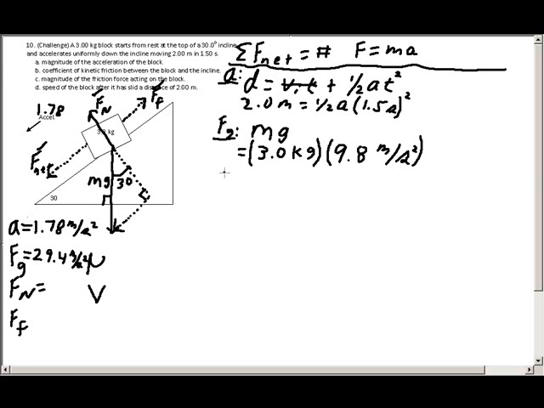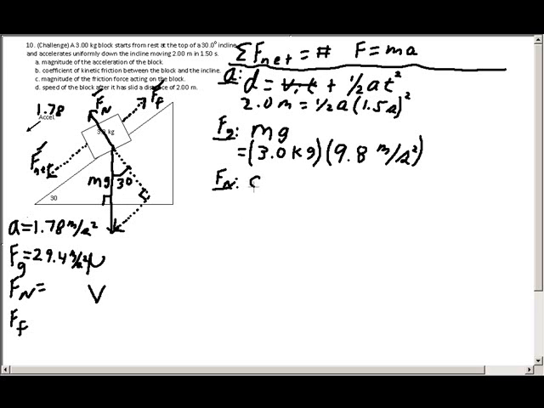So if I want to solve for the normal force, that normal force is going to be this right here. Well, to solve for that, what I'm going to do is take the cosine of 30 equal to adjacent over the hypotenuse. But the hypotenuse is the force due to gravity.